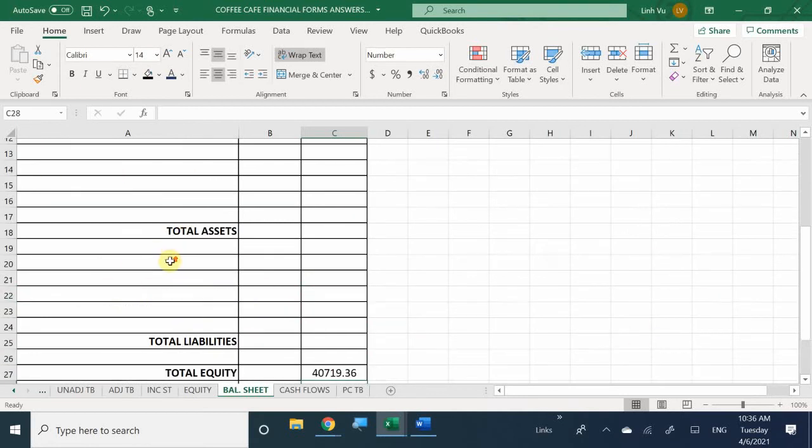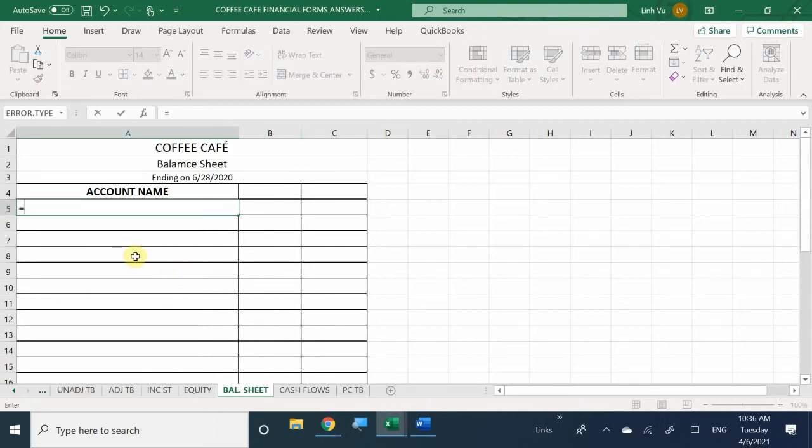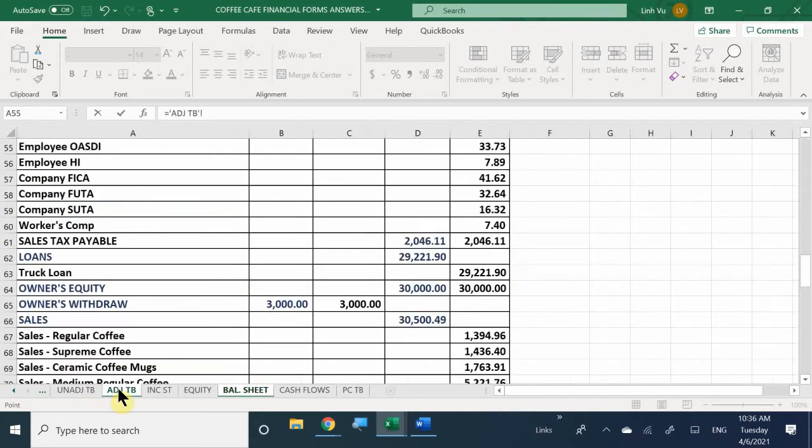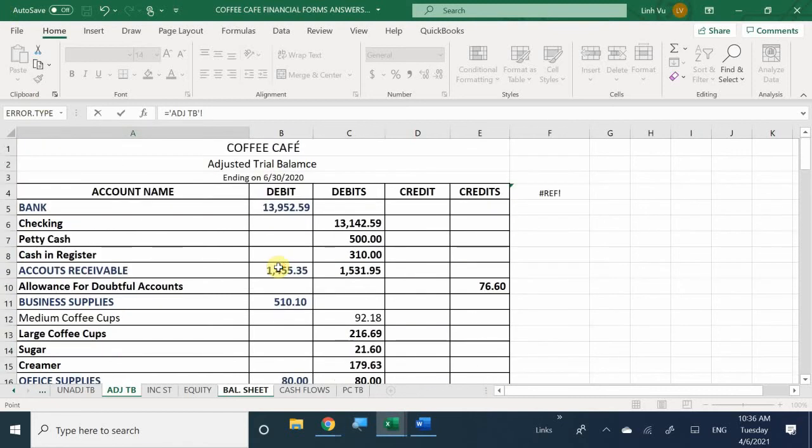First things first, we're going to take a look at all of the items that are going to be my assets. Once again, we're going to go to my adjusted trial balance and we're only taking main accounts, so that our statements look very concise and neat. First main account is my bank account.